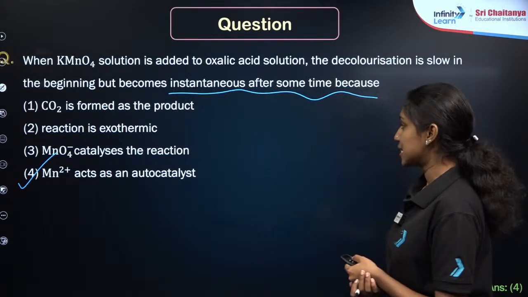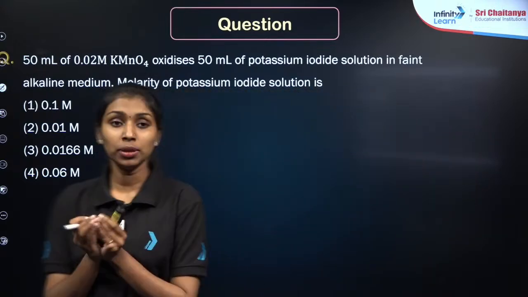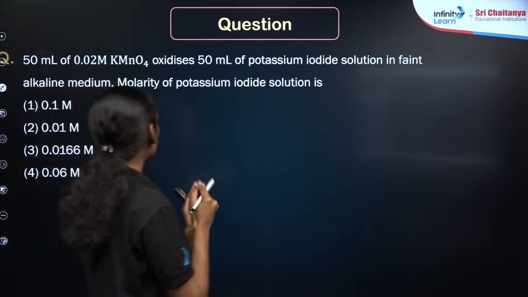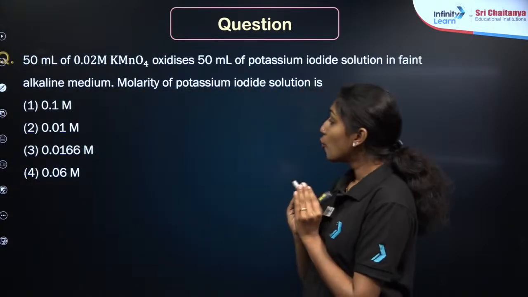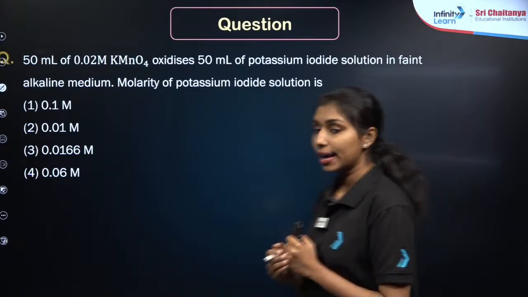Okay, fine. Now here is the next question. This is a numerical problem. Here, 50 ml of 0.02 molar KMnO4 oxidizes 50 ml of potassium iodide solution in faint alkaline medium. What will be the molarity of potassium iodide solution?